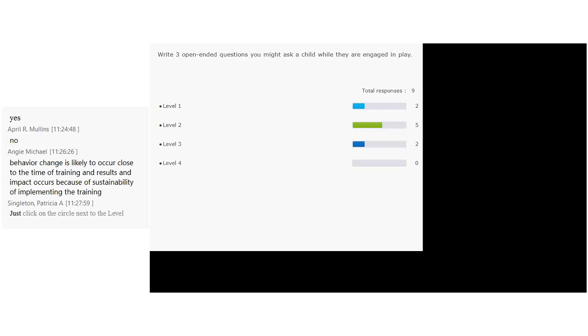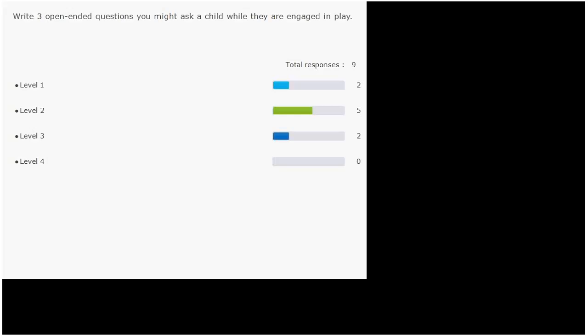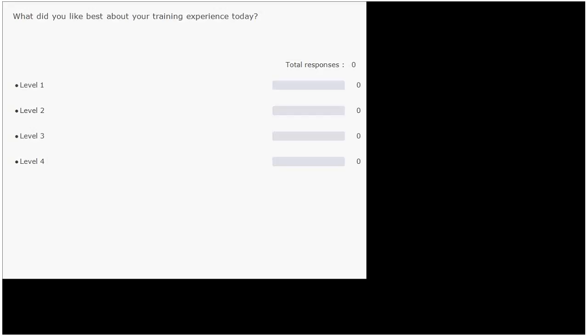Okay, we had some change of mind, and that's okay. Those of you who said it was level 2 are right. They are asking about what they learned. If you're asking them to write 3 open-ended questions, you're asking if they learned about open-ended questions. Does that make sense to everybody? Yes. Okay, next.